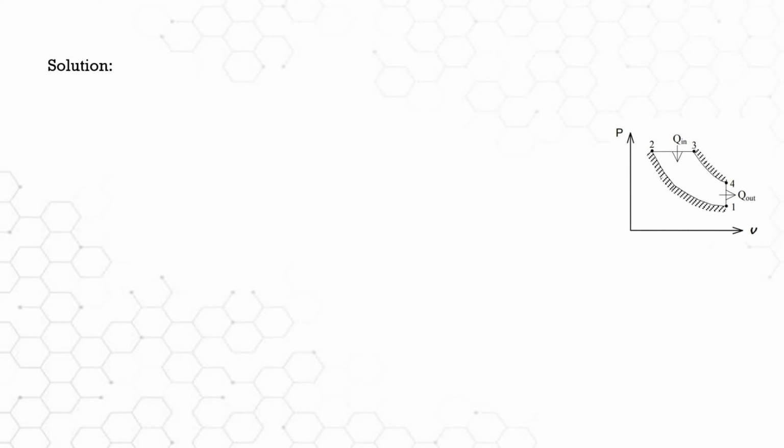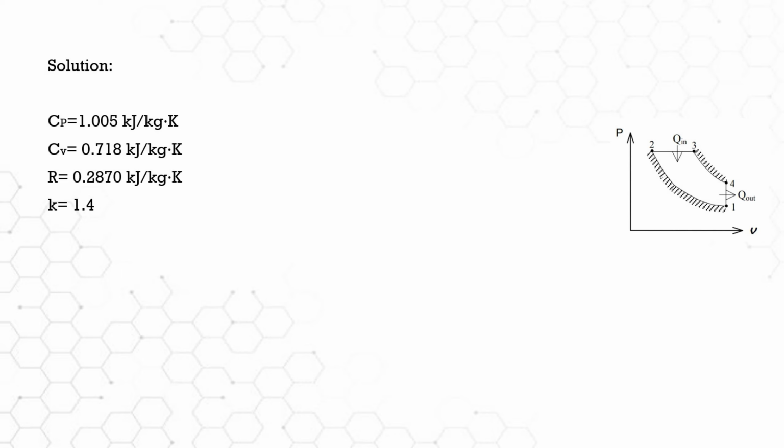So we have constant pressure cp equals 1.005 kilojoule per kilogram Kelvin, and constant volume cv which is 0.718 kilojoules per kilogram Kelvin, and the gas constant equals 0.287 kilojoules per kilogram Kelvin, and the specific heat ratio which is equals to 1.4.